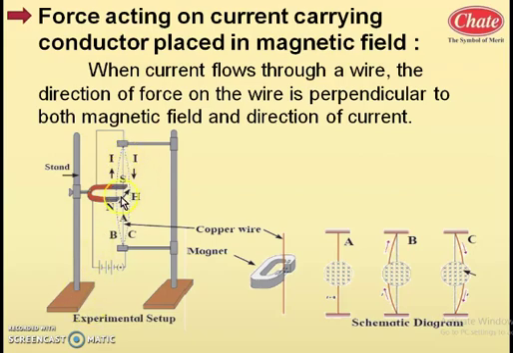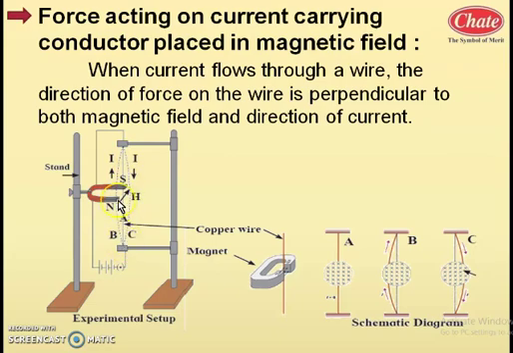Now the conductor is arranged in between these two poles of the U-shaped magnet as shown in the figure. When the circuit is switched on, current flows through the conductor, and the current direction will be from top to bottom.